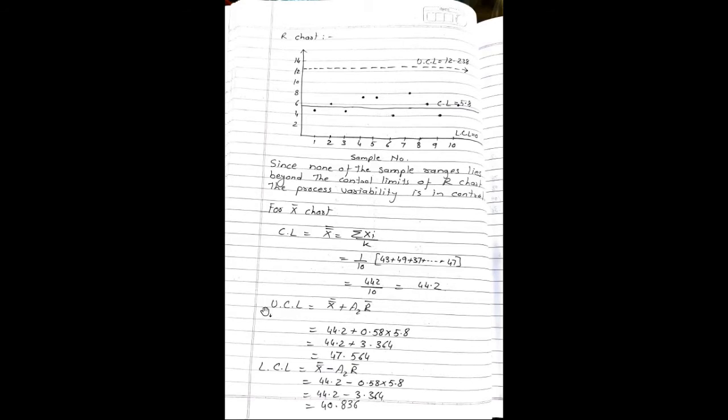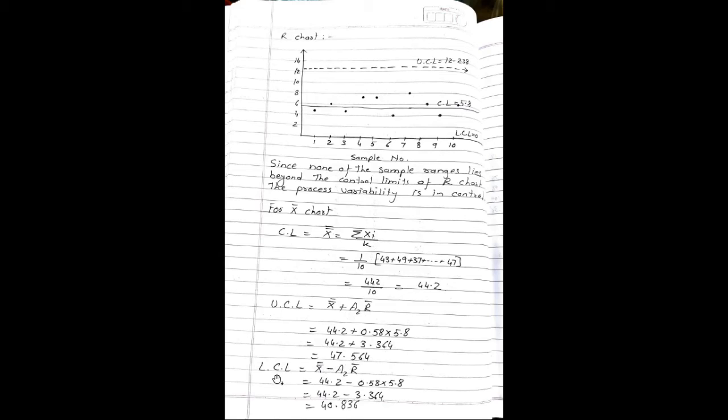Upper control limit is nothing but X double bar plus A2 R bar. A2 value is given as 0.58. So upper control limit is equal to 44.2 plus 0.58 into 5.8. So 44.2 plus 3.364. So upper control limit is 47.564.